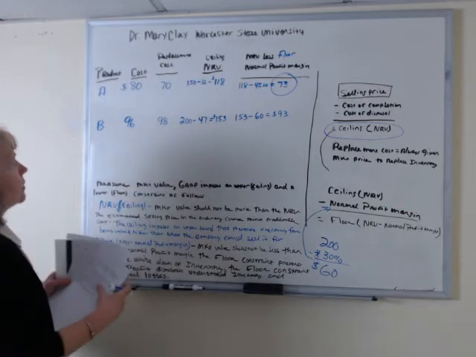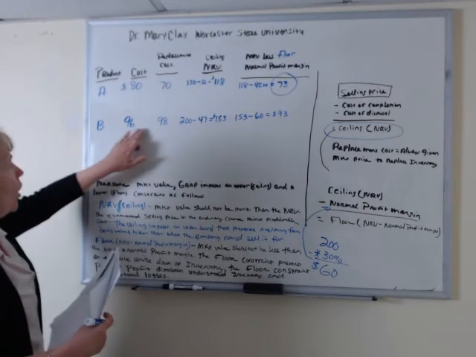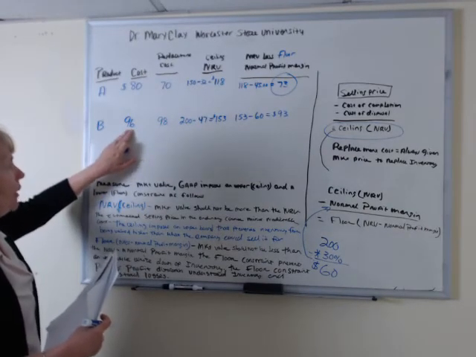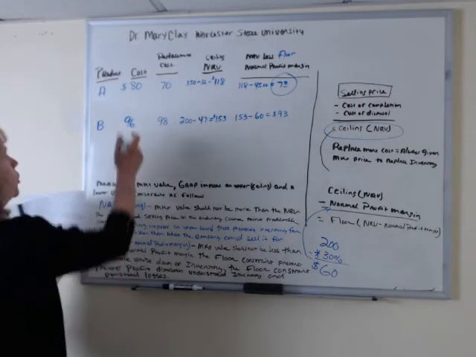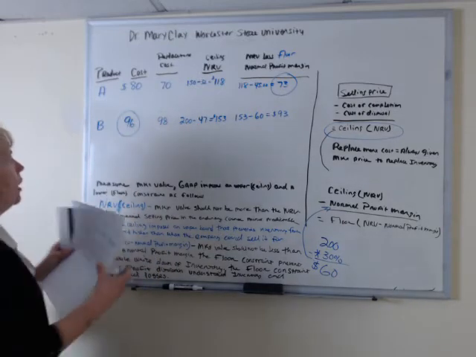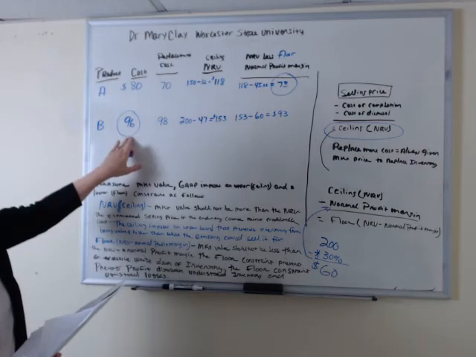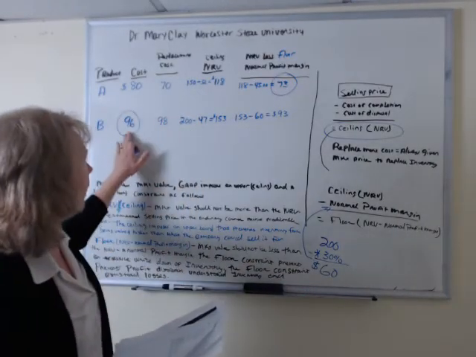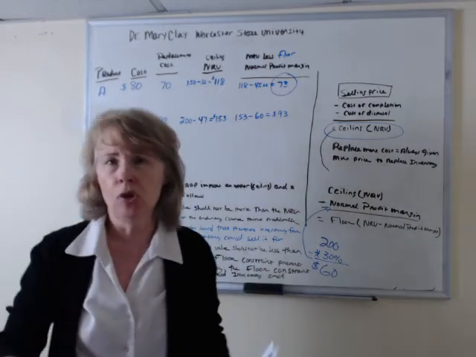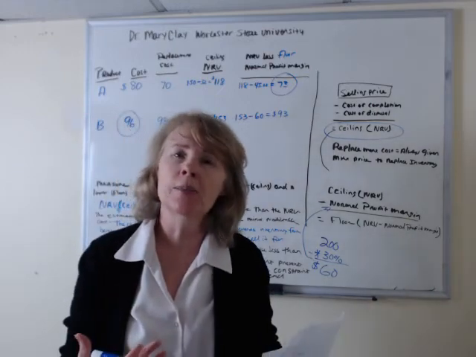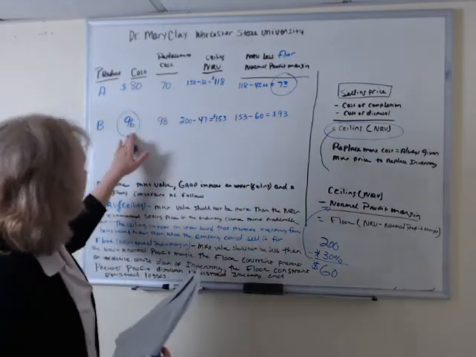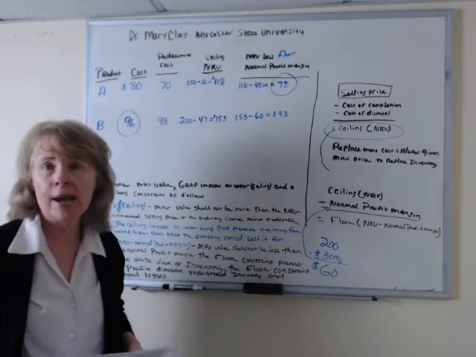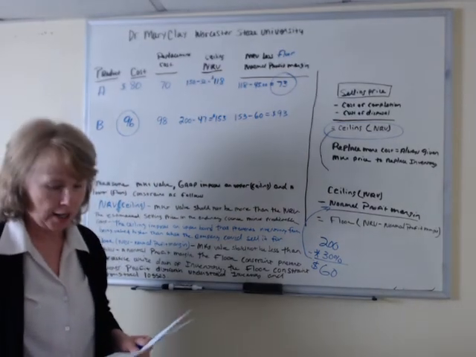So which one is lower? The lower one is cost. So in this case, I am going to choose cost, because it's the lower of cost or market. In this case, I just keep it. I don't have to make a journal entry. Otherwise, I would have to make a journal entry in order to decrease my balance sheet. This one, it's already at 96, so I keep it at that number.